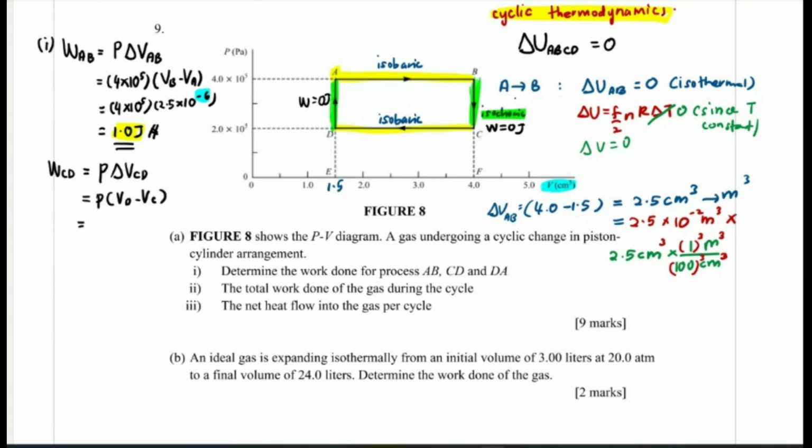So dah akan jadi pressure is 2 times exponent 5. And that one is negative 1.5 minus 4, negative 2.5 exponent negative 6. 2 times exponent 5, negative 2.5 exponent negative 6. Negative 0.5 joule. Okay. So negative 0.5 joule.